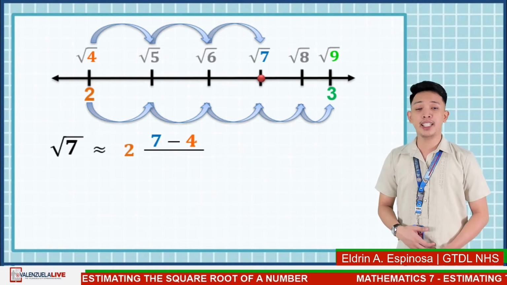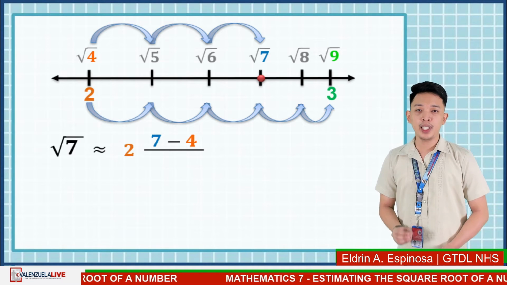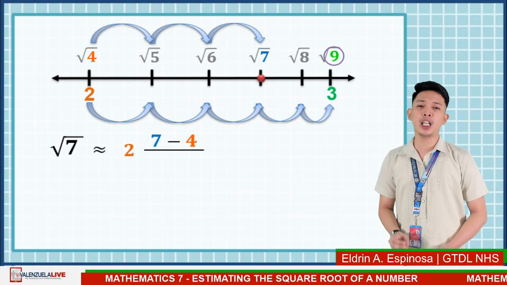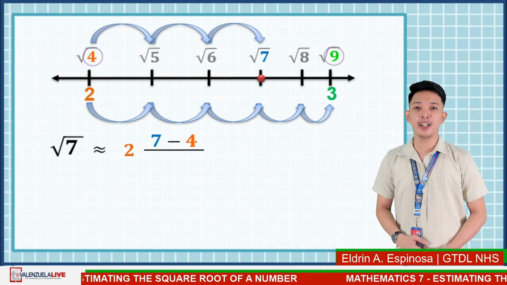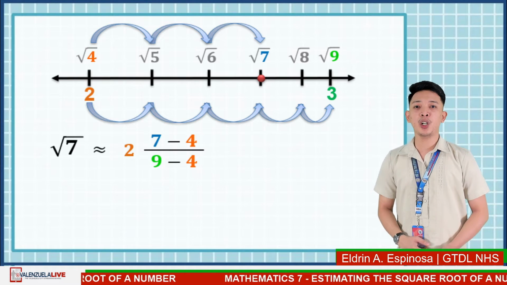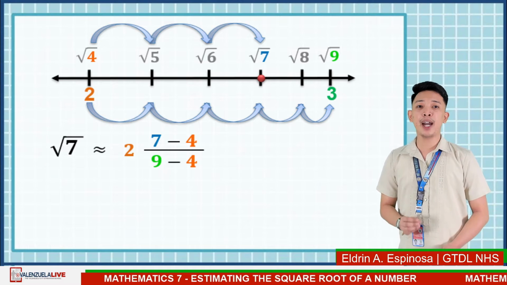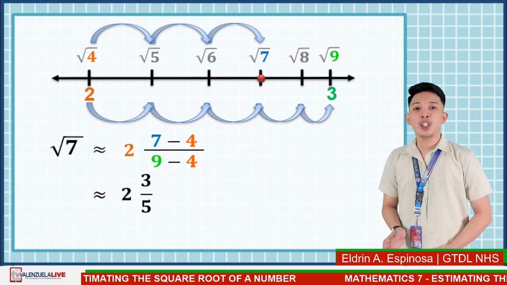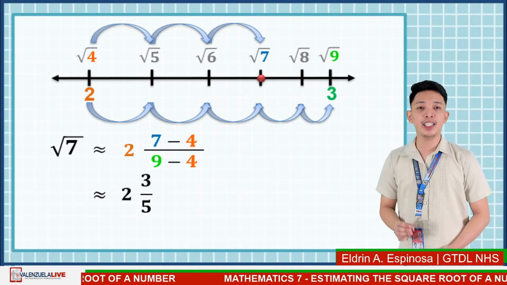Then for our denominator, simply subtract the integer radicand with the greater perfect square, which is 9, and the integer radicand with the lower perfect square, which is 4. So we have 9 minus 4. So, simplifying 7 minus 4, we have 3, and 9 minus 4, we have 5. Hence, square root of 7 is approximately equal to 2 and 3 over 5.